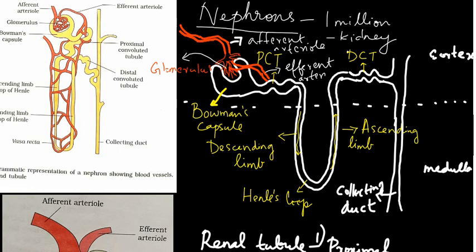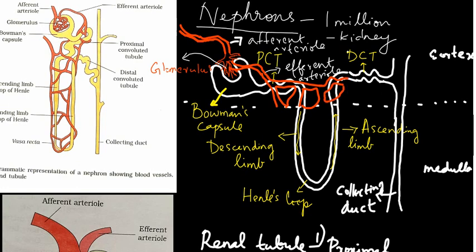The efferent arteriole branches and they surround the kidney tubule.